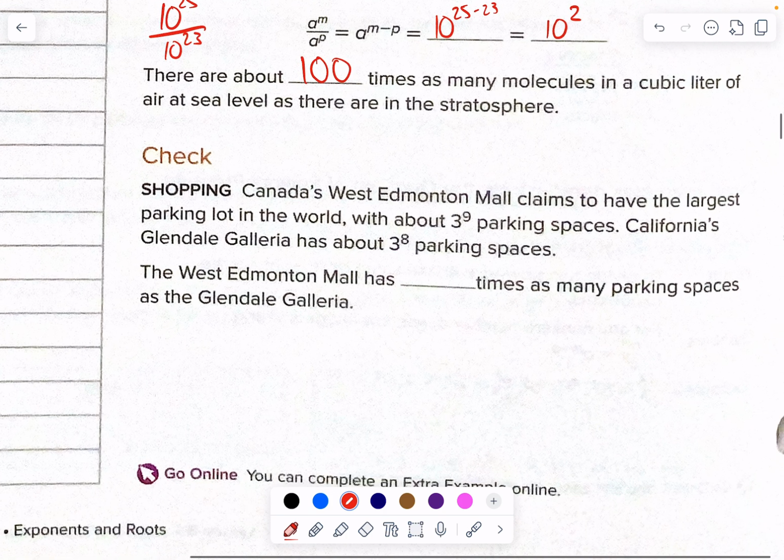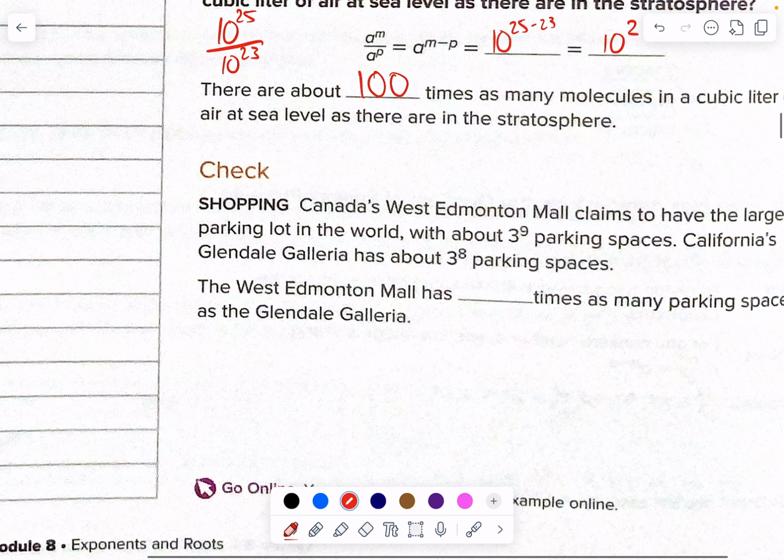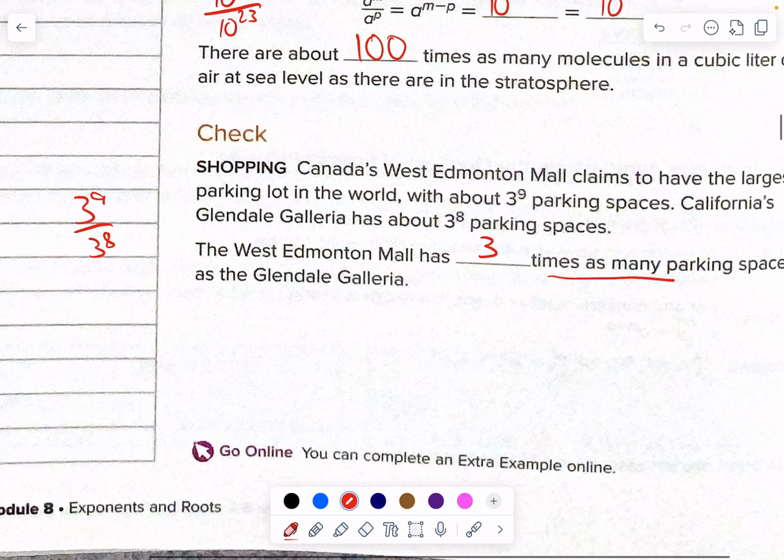So we have 3 to the 9th power parking spaces in one parking garage, and then we have 3 to the 8th in the other. And again, we're just going to find how many times as many. So division, 3 to the 9th over 3 to the 8th. Subtract, and we get 3 to the 1, or just 3. So again, that division, we're going to subtract those exponents.